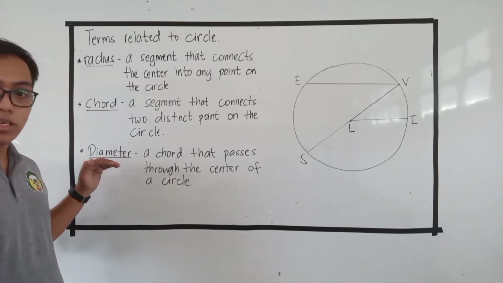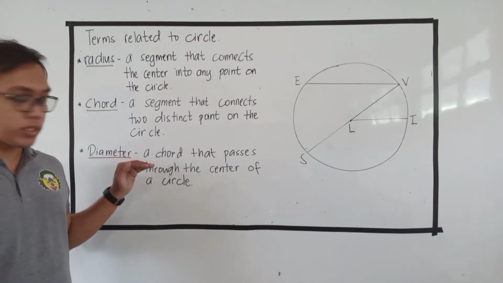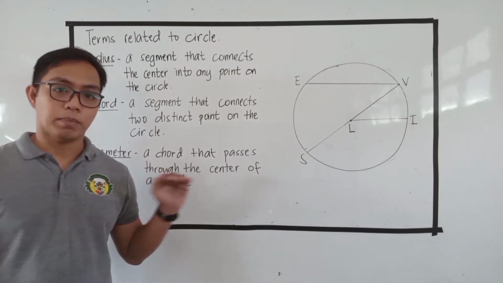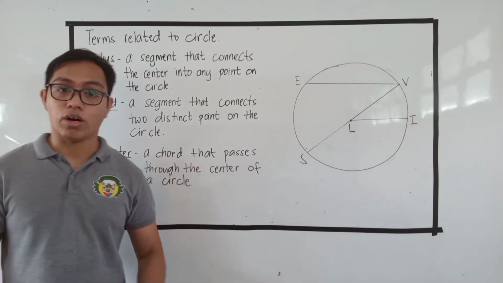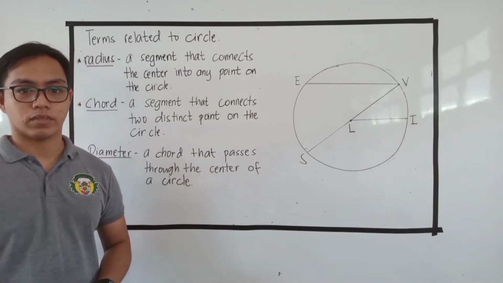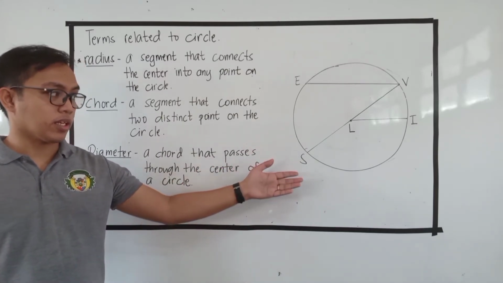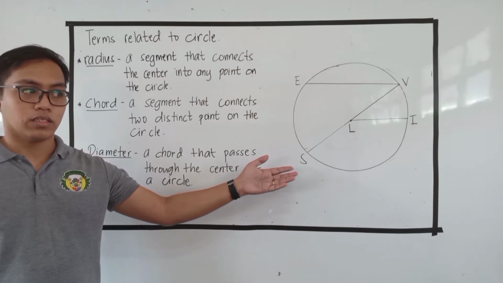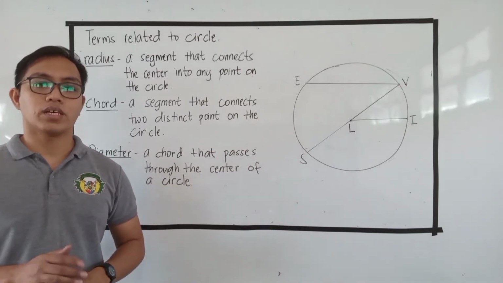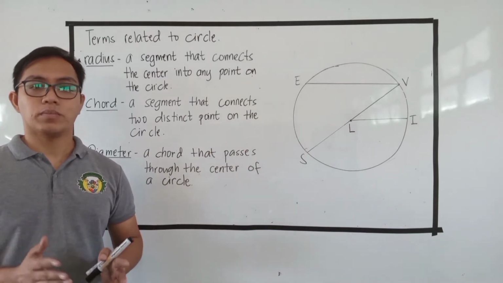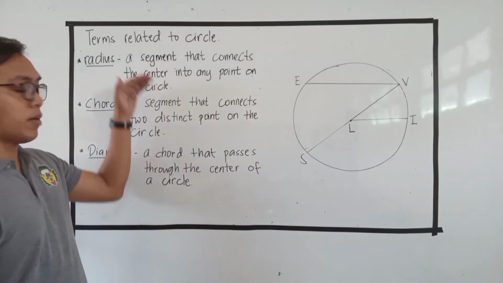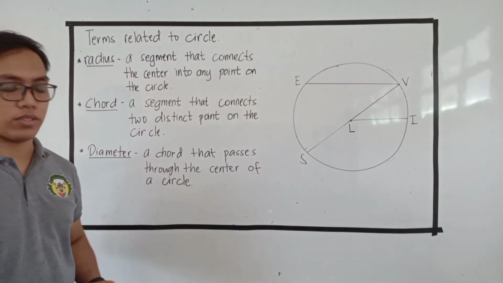And diameter. A diameter is a chord that passes through the center of a circle. So let's use our diagram, or our circle on the right, for us to identify examples of these three terms.